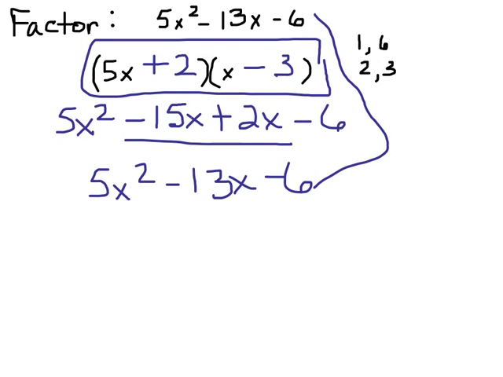Okay, let's do your practice problems. Alright, the first thing we're going to have to do in this one is get it set up in the correct order. So 2x squared minus 11x minus 21. The factors of 21 are 1 and 21, 3 and 7.